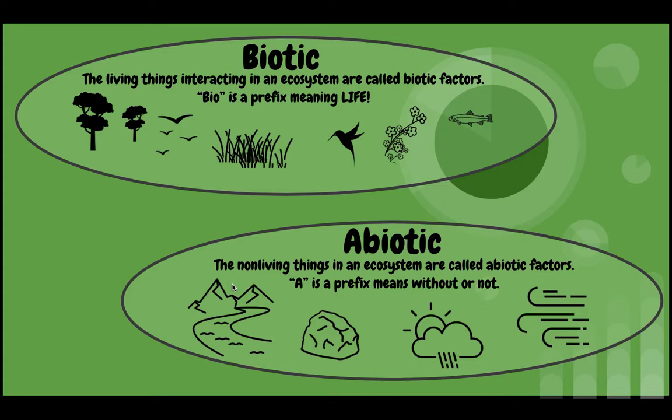Abiotic is the non-living things in an ecosystem, and these are called abiotic factors. The prefix before biotic, a, means without or not. So if biotic means life, abiotic means without life. That's the difference between biotic and abiotic.